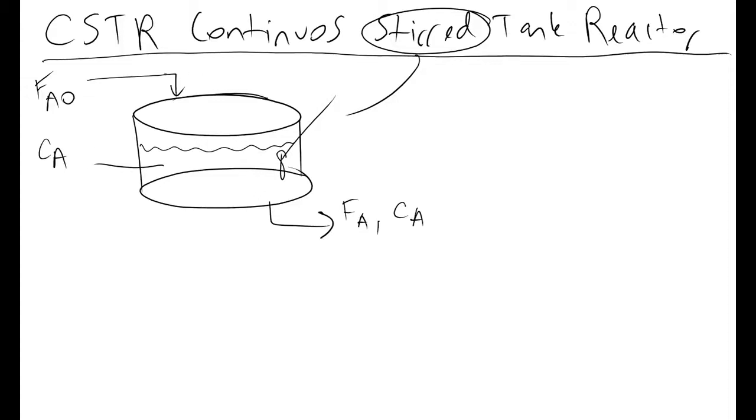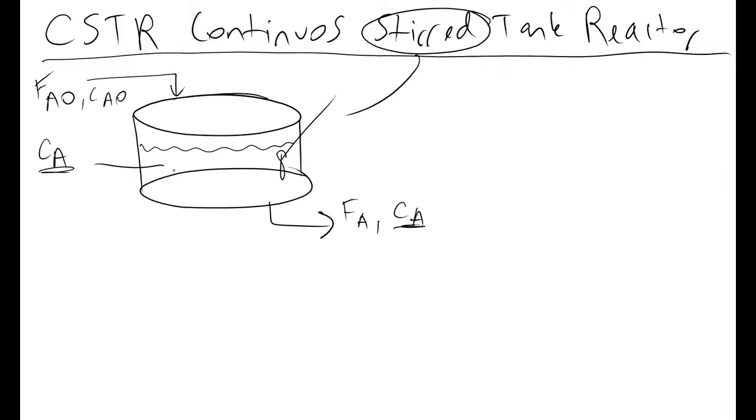The inlet stream is going to be a different concentration, Ca naught. And it's a very important distinction to note that the outlet concentration is the same as the internal concentration within the CSTR.